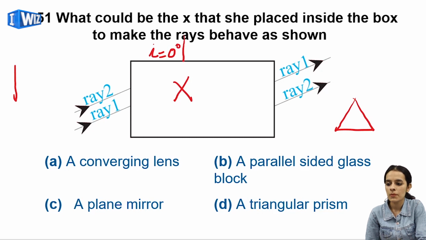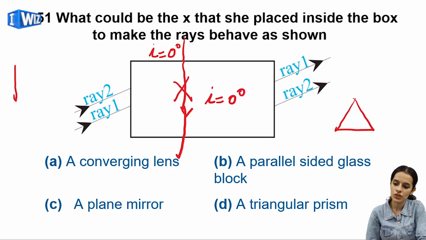So after passing through, it will pass undeviated. When the angle of incidence is 0 degree, a ray of light will pass straight without showing any deviation.